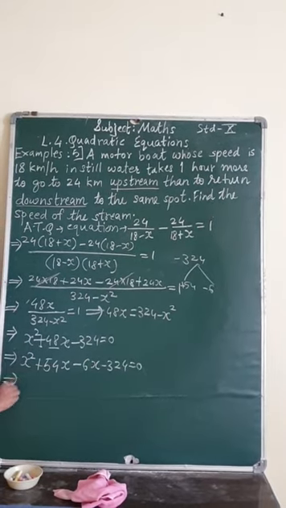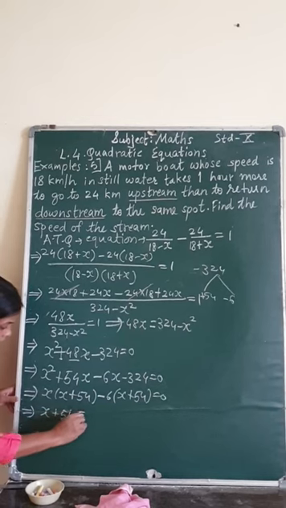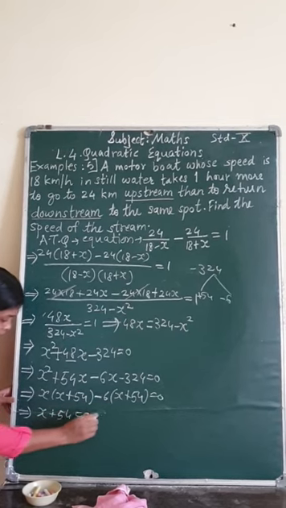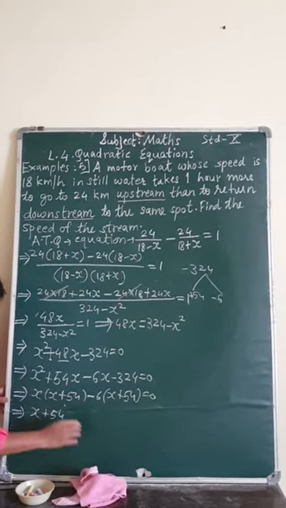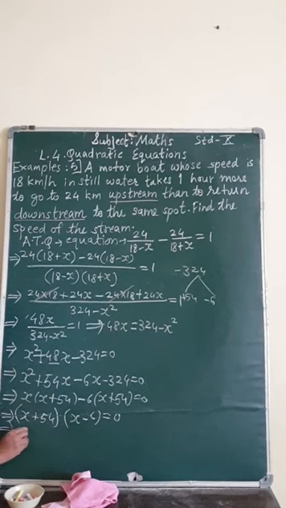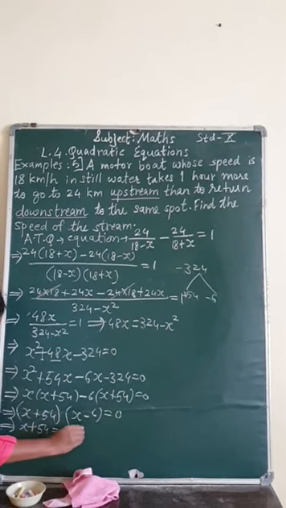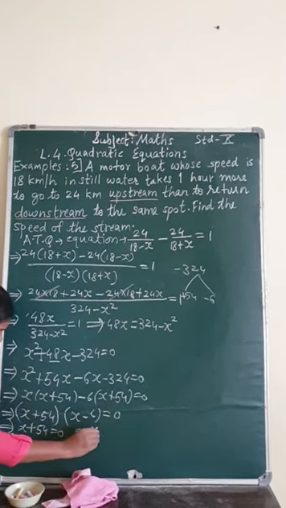Now solving this, we get x into (x plus 54) minus 6 into (x plus 54). So here you can find the answer. Either x plus 54 is equal to 0, or x minus 6 is equal to 0.